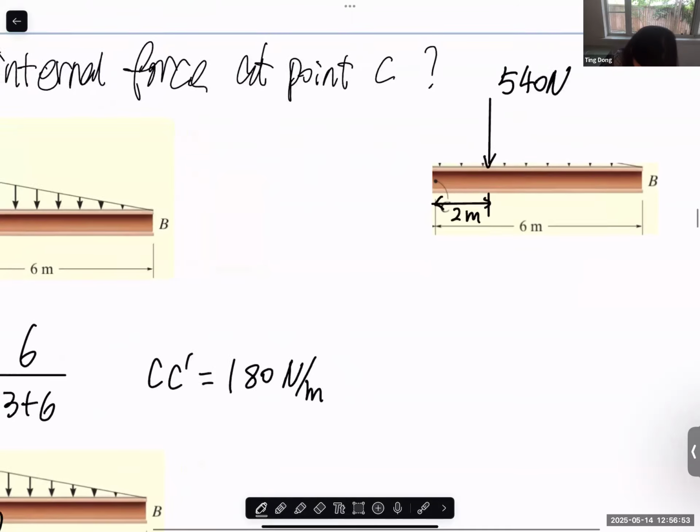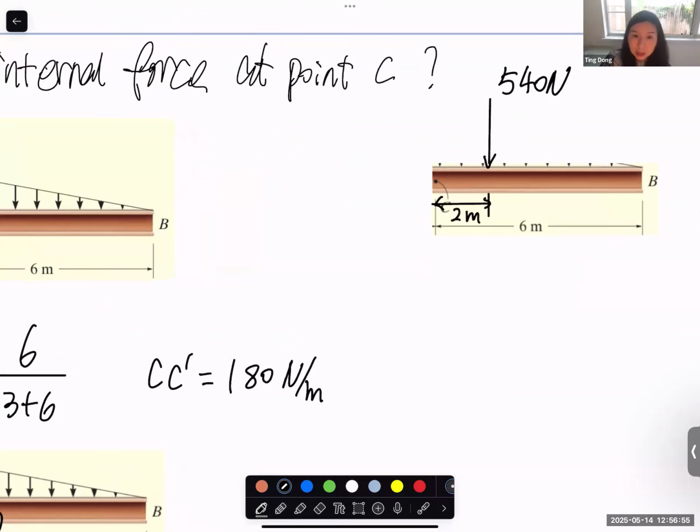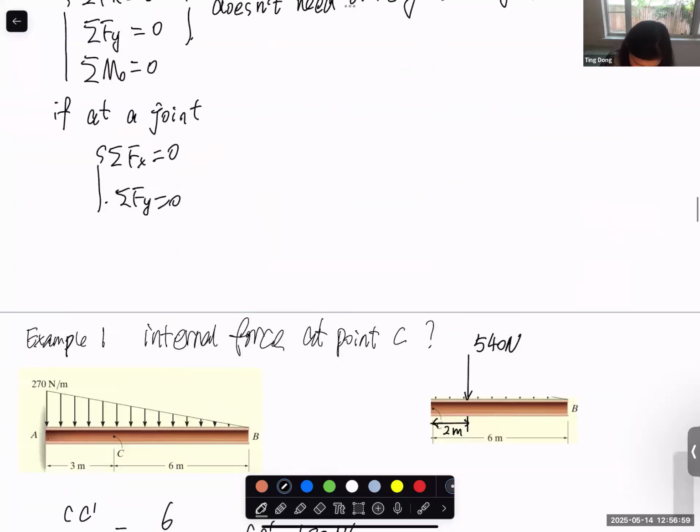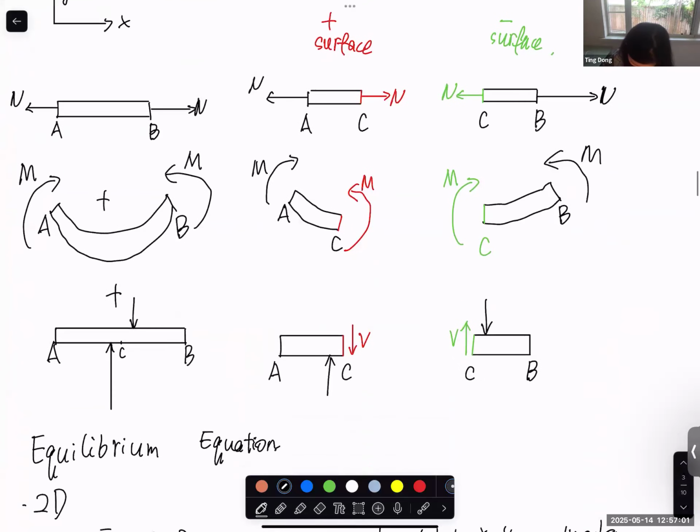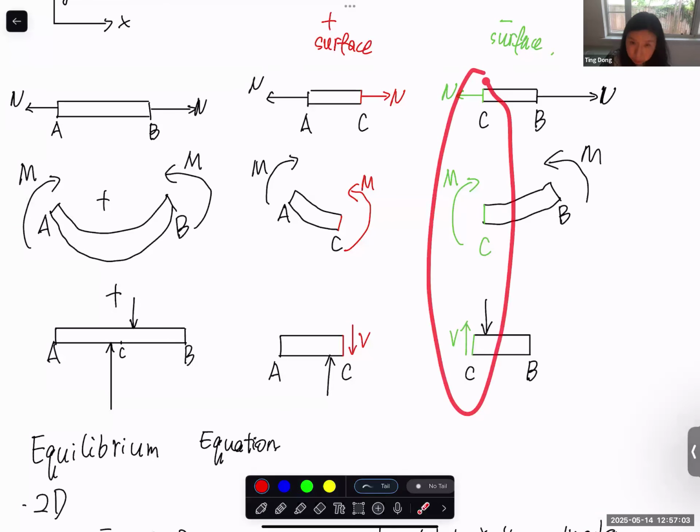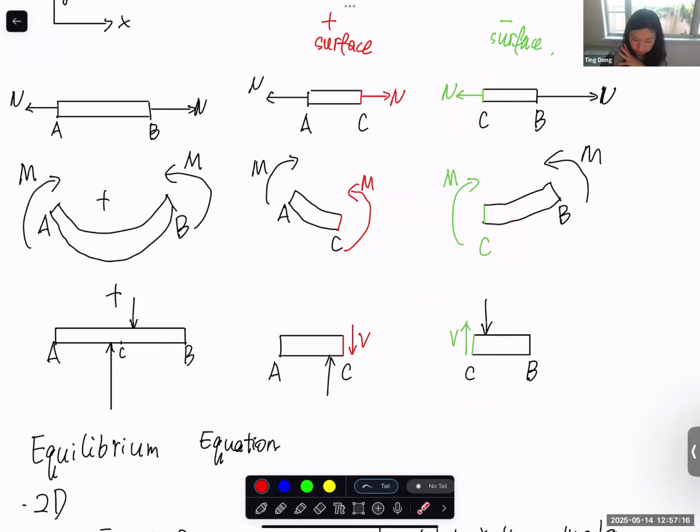And on the cutting surface, based on our sign convention, back to the lecture note. Since we take the right side of the cutting point, the cutting surface becomes a negative cutting surface. On the negative cutting surface, this is a positive normal force, this is a positive bending moment, this is a positive shear force.